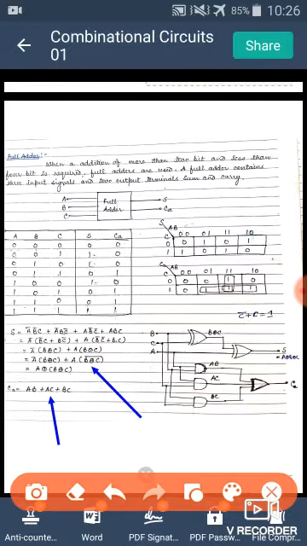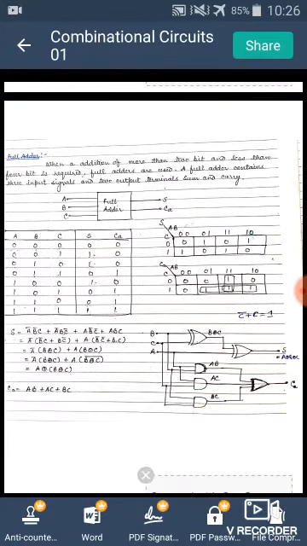We have designed the circuit diagram in which there are 2 output expressions, sum and carry. This is the truth table for full adder circuit.